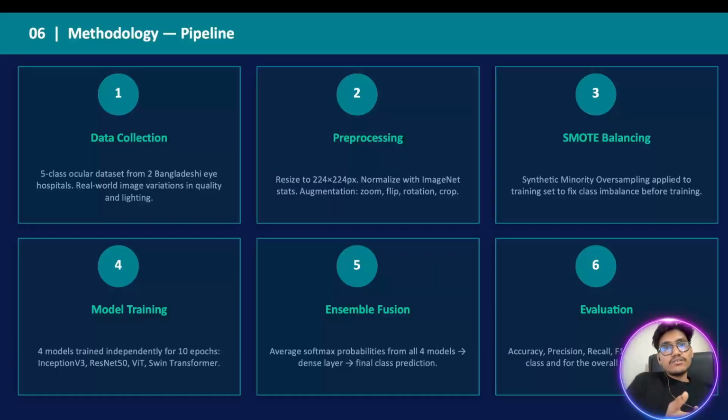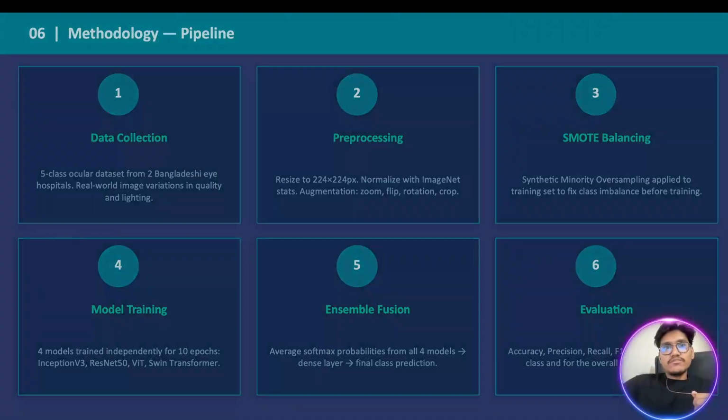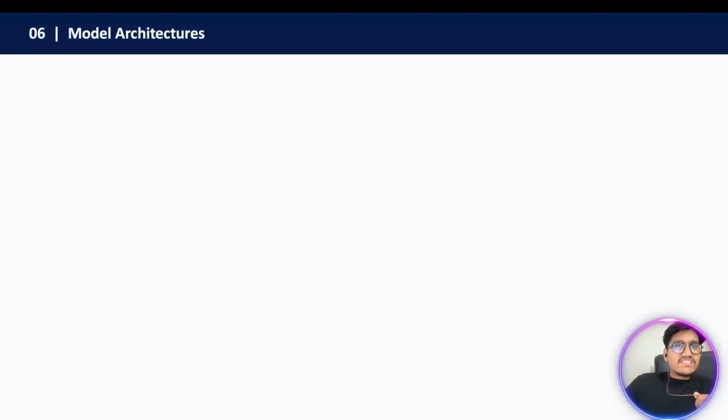And then we use F1 score, the harmonic mean of precision and recall, which is the most balanced single metric for evaluating classification performance, especially on imbalanced datasets. So and then we will see the model architectures. So let me go deeper into that.